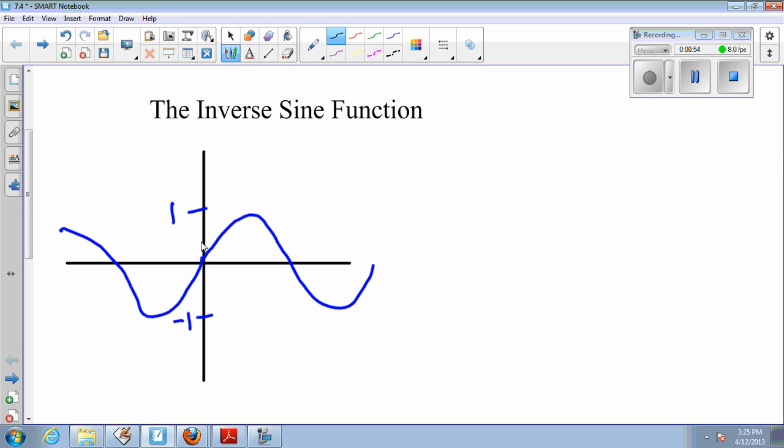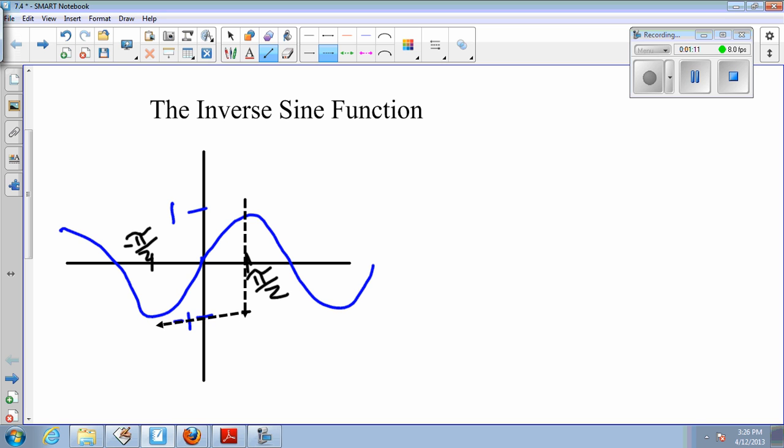The inverse sine takes the area from -pi/2 to pi/2 and flips it. So we're taking this little area right in here and we flip it.